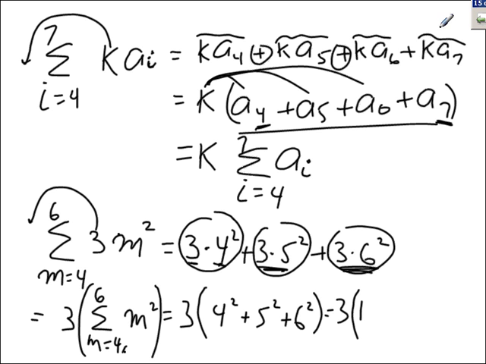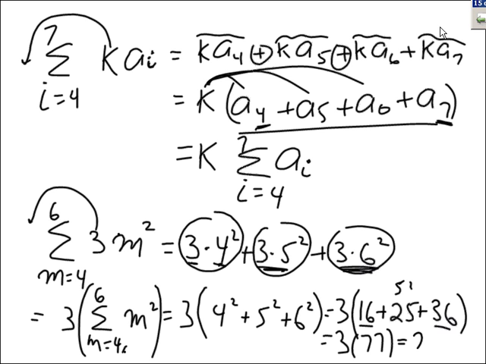It's 3 times 4 squared plus 5 squared plus 6 squared. 16 and 36 is 52. So 52 plus 25 is 77. And 3 times that, I think, is 231.